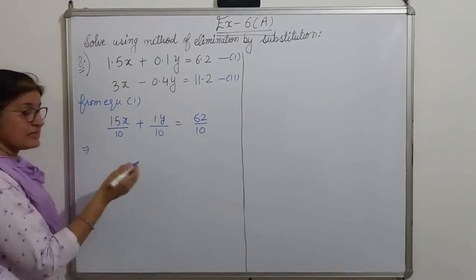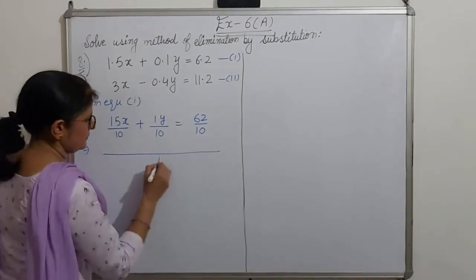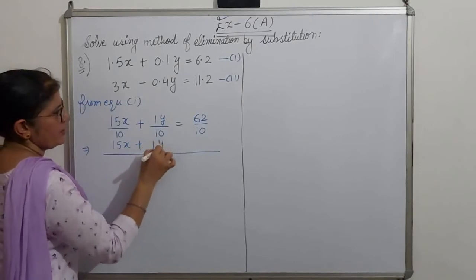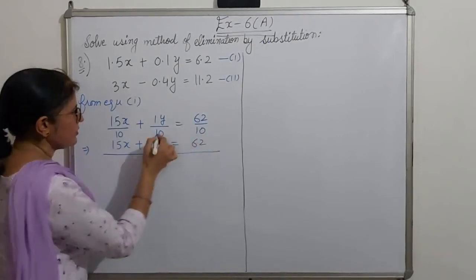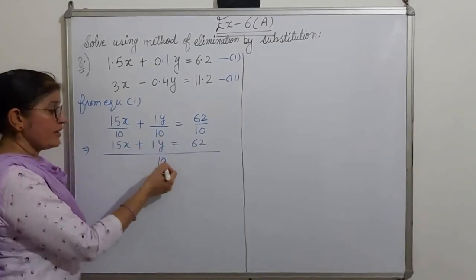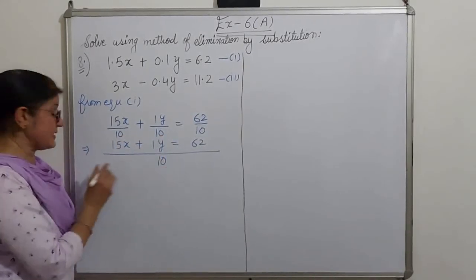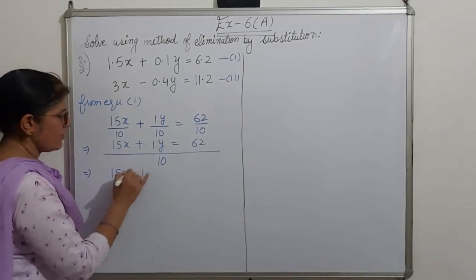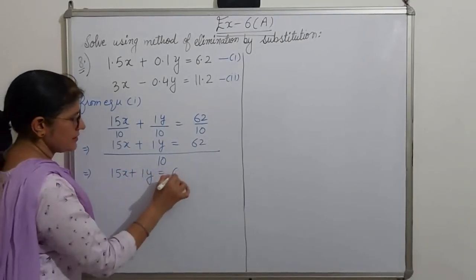You can take their LCM. 15x, 1y, 62, because all the three terms have the same term below. Okay. Now next step, we leave this LCM. Our equation is 15x plus 1y is 62.